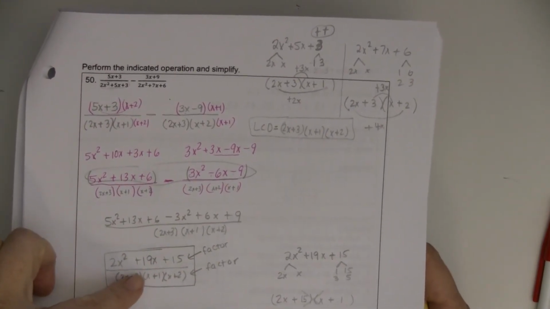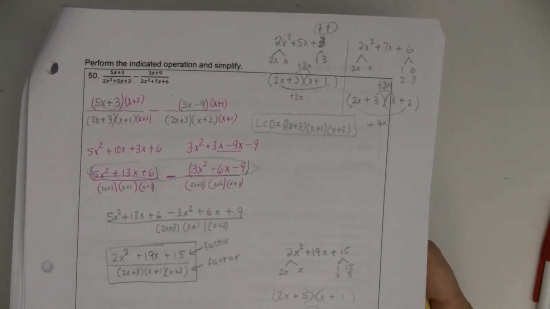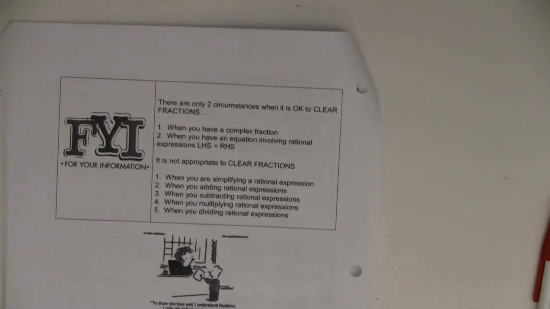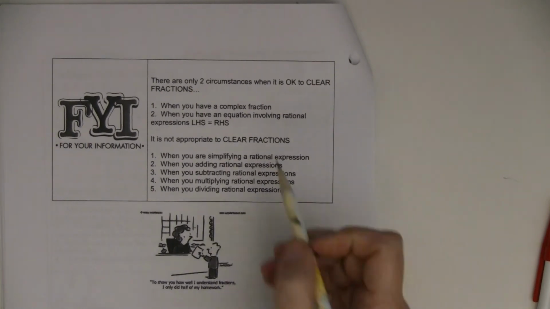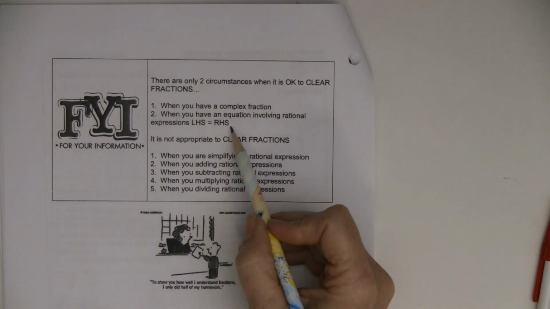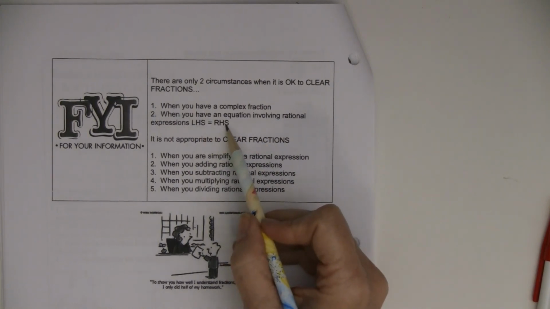And you can't clear the fraction. See how I still have a fraction? And there's only 2 times that you're allowed to clear a fraction. And that's the note I'm making here. So people love to clear the fraction, and there are only 2 circumstances when it's okay. That's when you have a complex fraction, or when you have an equation that involves a rational expression with a left-hand side and a right-hand side.